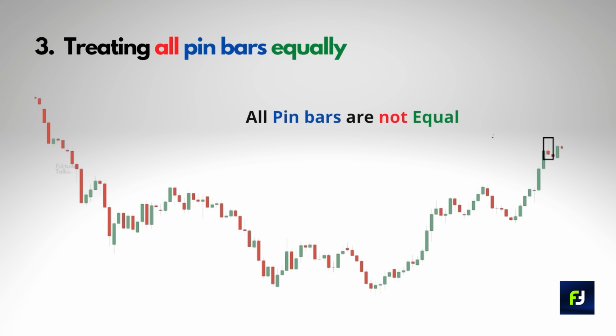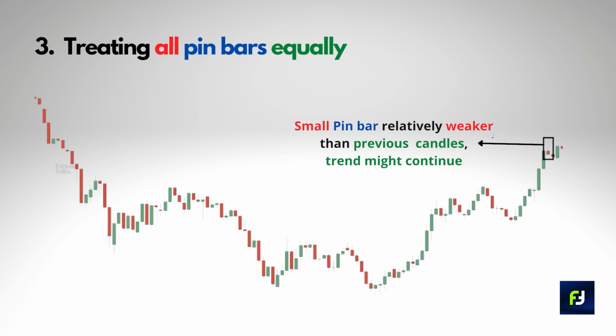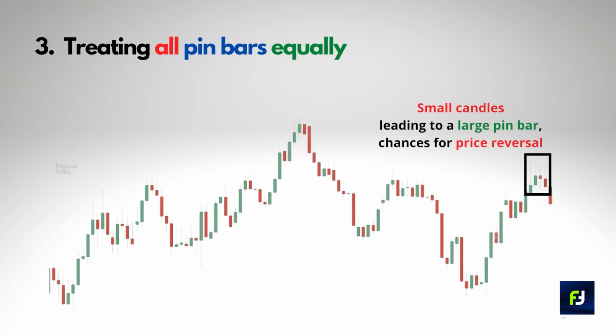Now the most important mistake of all, considering all pin bars to be equal. The point is, if you see a strong momentum on the upside followed by a small bearish pin bar, it is likely to be a pause in the price action as the bulls are in control of the market. And on the same note, if you see a weak momentum on the upside followed by a huge bearish pin bar, it is likely to be a reversal since the preceding price action tells you that the bulls are getting weak.